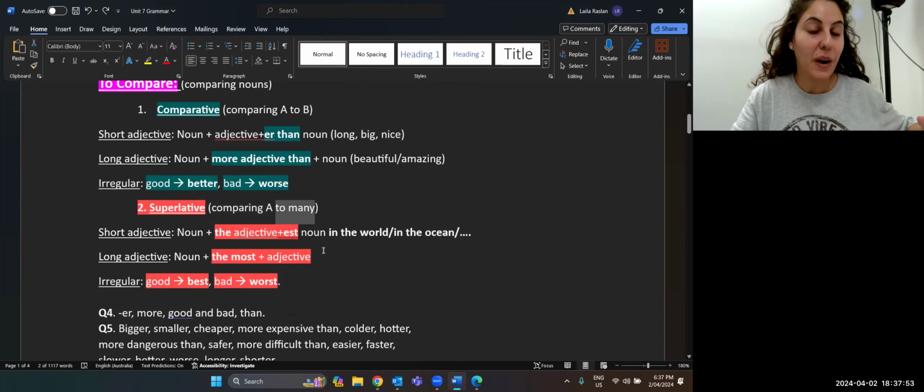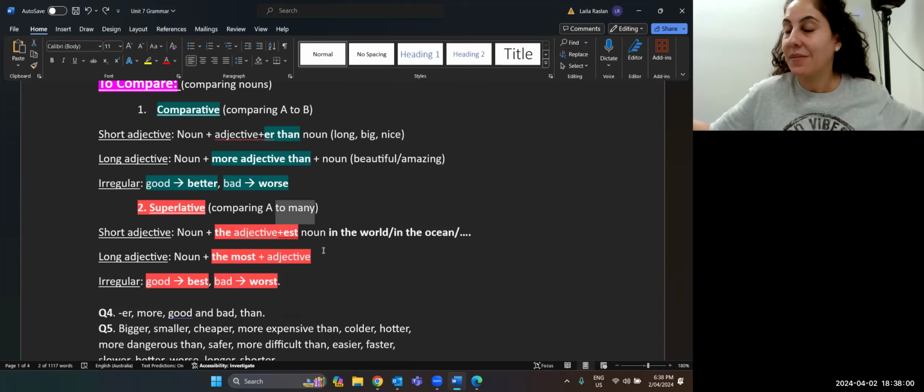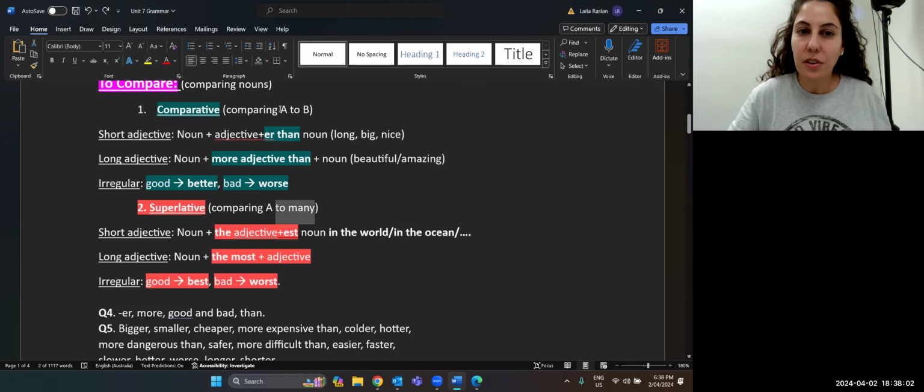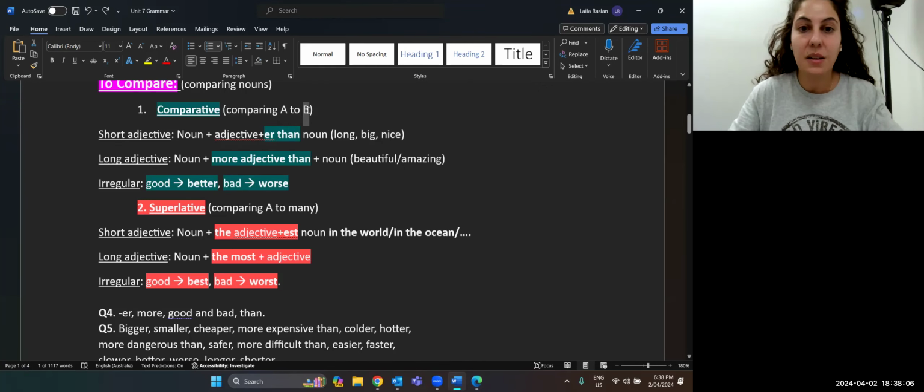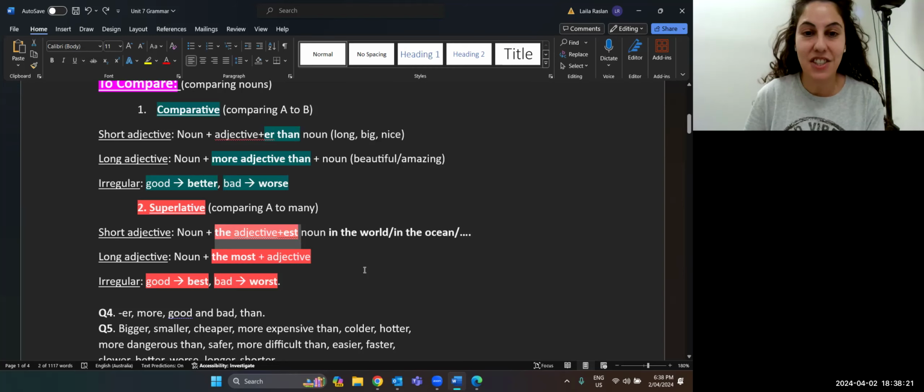Okay, so this is a different way of comparing. It's one person, one animal, one object, but to many. Not like the one before, one object or one person or one animal to another, but this is to many. So again, we have similar rules. If it's a short adjective, you say the adjective, but you need to add now an est to the adjective.